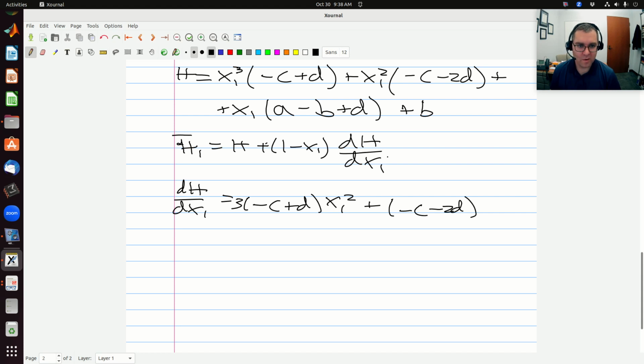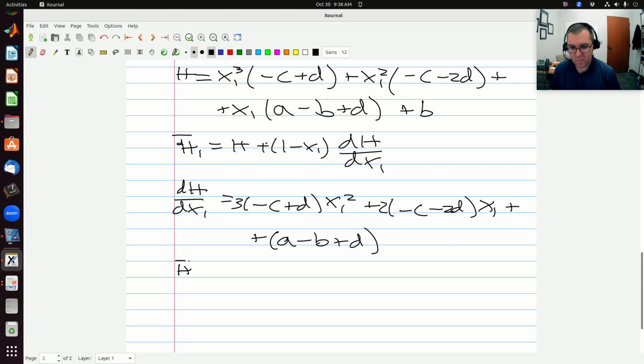Then the derivative of x1 squared is going to be 2 times x1, plus, now I'm on the third term, it's just going to be my constant because the derivative of x1 is just 1. And then that final term, derivative of b, is just going to be 0. All right, so I've got dh/dx1.